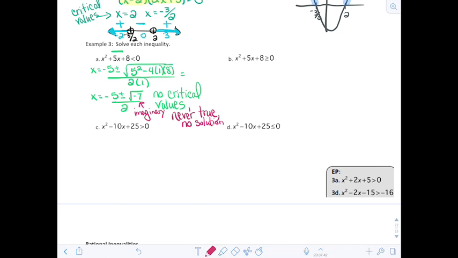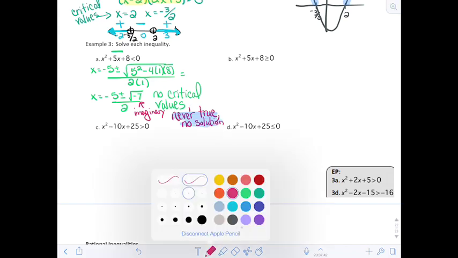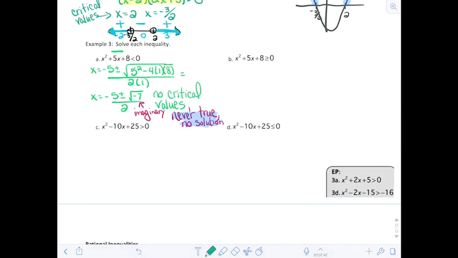Okay, so as we note that, let's move to b, which as we said is really the same equation, but now it's greater than or equal to 0.